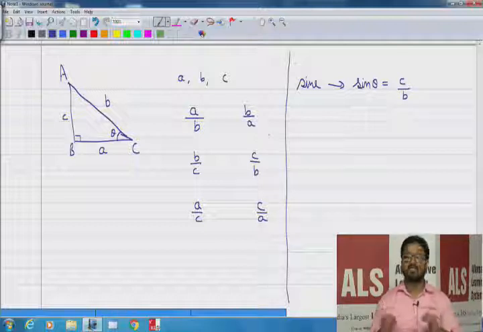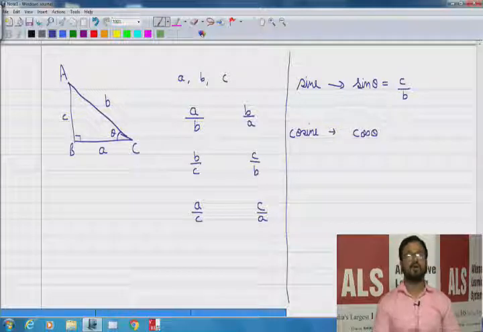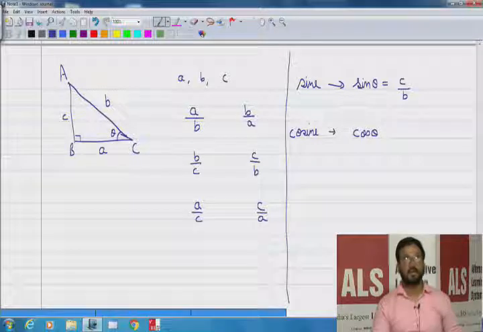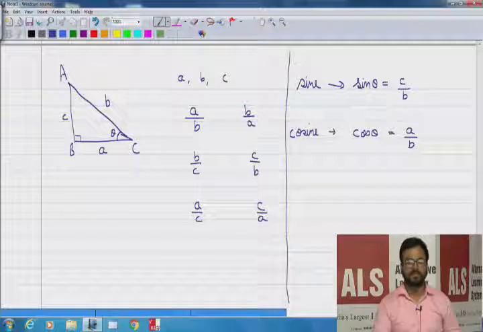Similarly, the second trigonometric ratio is cosine, in short known as cos. Cos of theta is the ratio of the base and the hypotenuse, which is A upon B. I am writing these ratios with respect to this diagram on the left hand side.